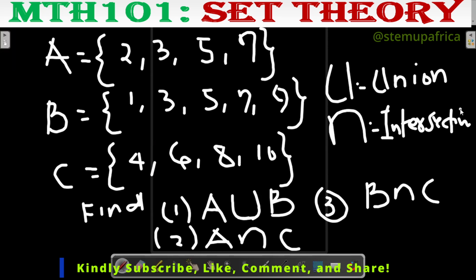I want you to recall your answer again. What is your A union B? A union B is 1, 2, 3, 3, 4, 5, 6, 7, 7.